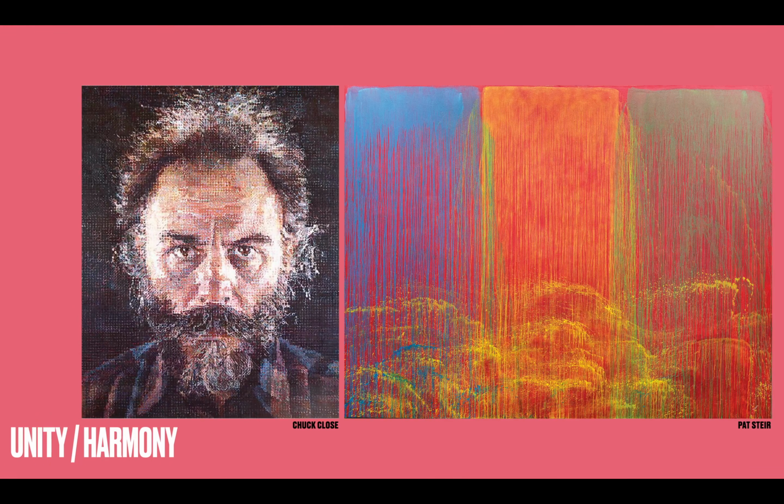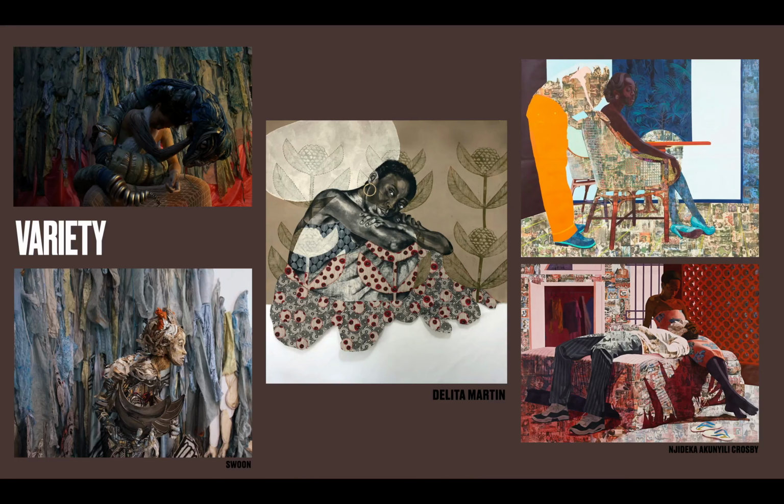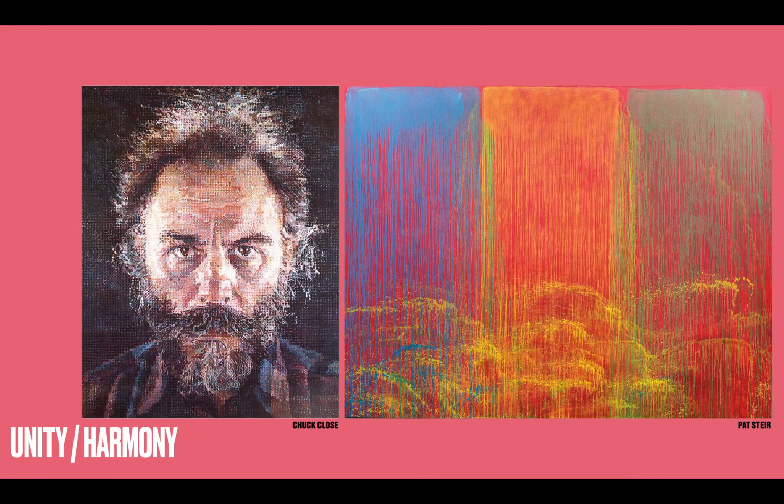Pat Steir on the right, even though it's a little less precise than the same dot being used multiple times, those drips and the way she's dripping on the canvas is really consistent and has a unity and harmony to it. We understand that the three main waterfall-like drips are different than the ones that are going horizontally across the bottom.